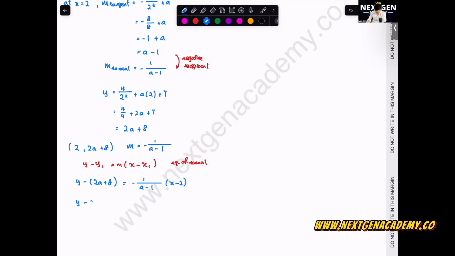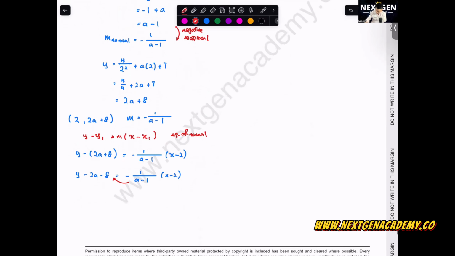Let me open up this bracket first. I'm going to multiply the a minus 1 up, so this becomes (a minus 1)(y minus 2a minus 8) equals negative (x minus 2).